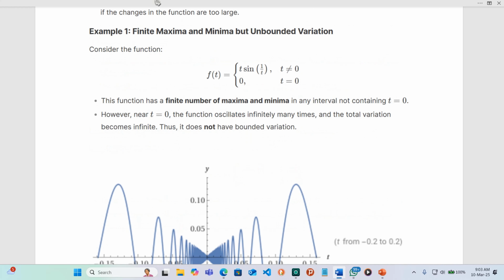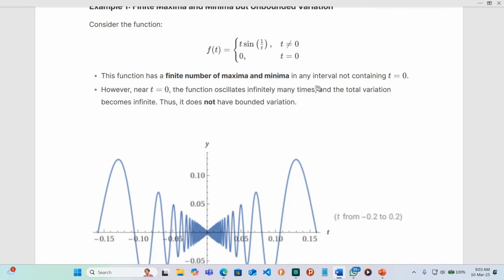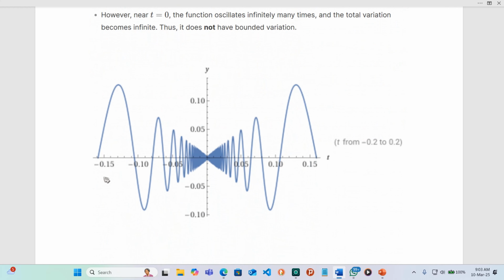So let's look at finite maxima and minima, but with unbounded variation. Look at this function. Its plot is like this. You'll see that it will have a finite number of maxima and minima in any interval not including t equal to 0. Like you see, from negative 0.15 to this point, you have this minima and that maxima.